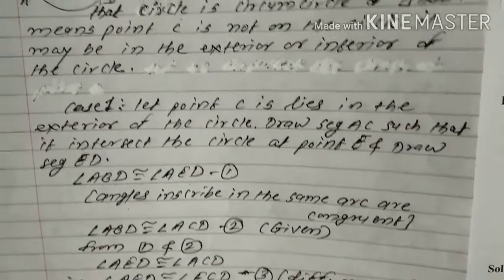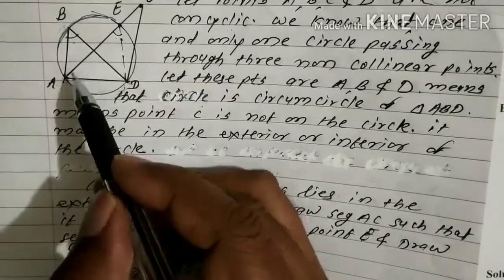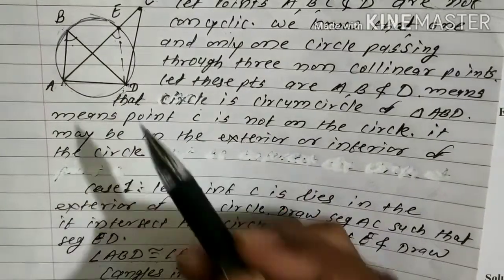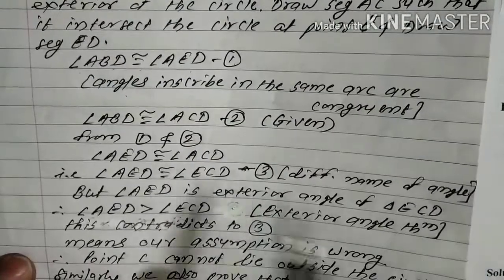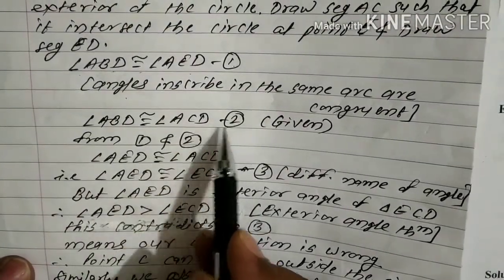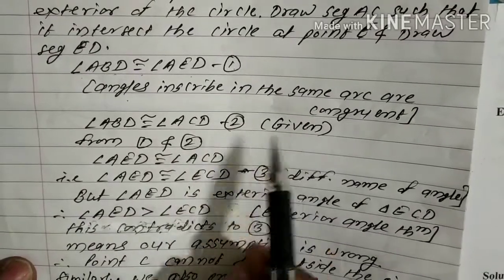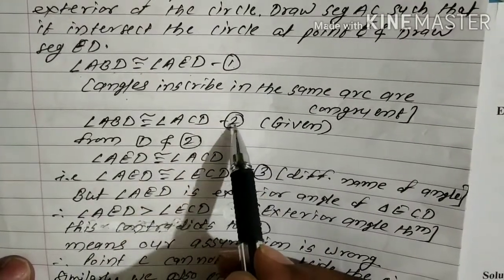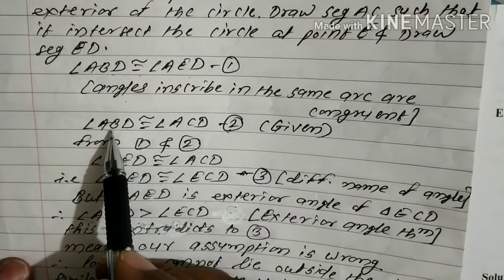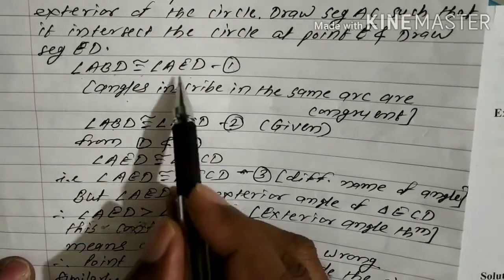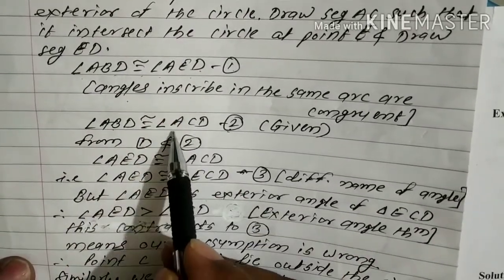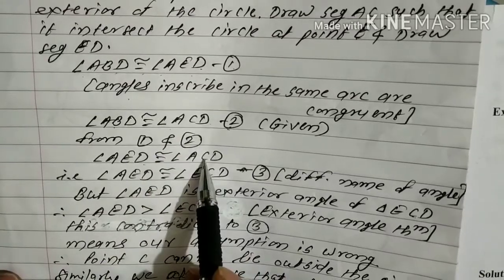Now, angle ABD is congruent to angle ACD, this is given, equation 2. From equations 1 and 2, ABD is the same. Hence, you write angle AED is congruent to angle ACD.